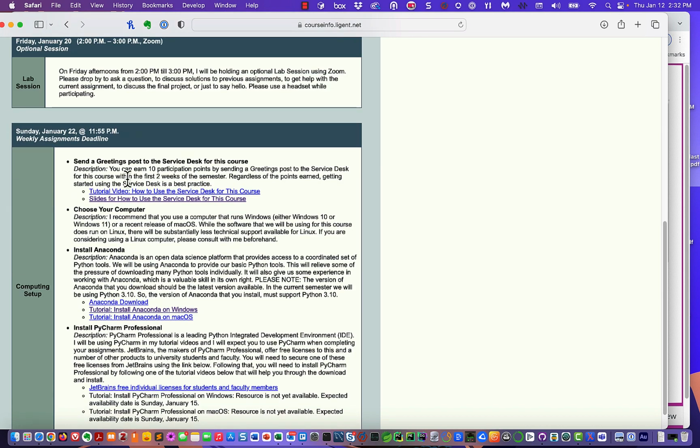The third block that we have here is weekly assignments deadline. The deadline is always Sunday at 11:55 p.m. I think it's 11:55 because in the old days when we were using Moodle, not Canvas, I don't think we could select 11:59 easily. So I picked 11:55.